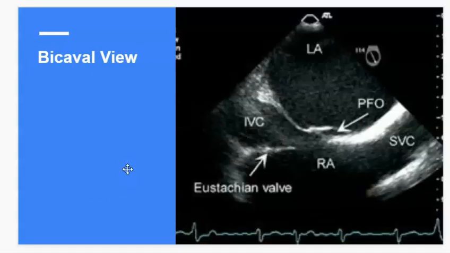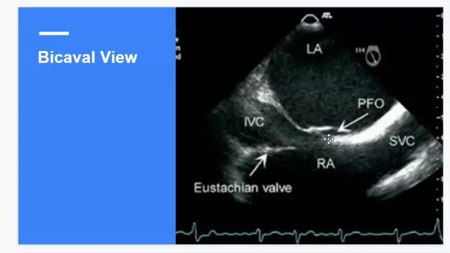This is what the doctors refer to as the bicaval view. And what we see in the bicaval view is a cross-section of the inferior vena cava coming in up here, a prominent eustachian valve on some people here, and the SVC coming down this way. And you can see on this patient they have a PFO.